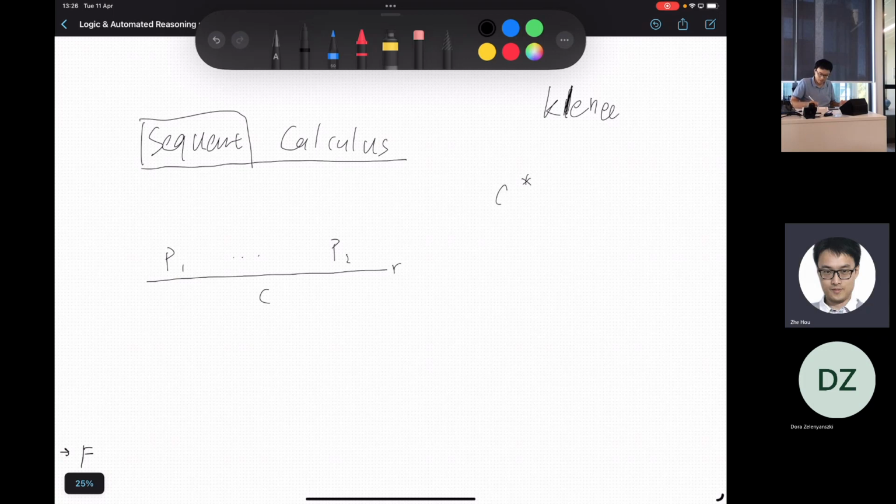If you write a star in a regular expression, it means 0 or more copies of A. It repeats 0 or more times. And that star is called the Kleene star. It's invented by him. He's a very good mathematician.